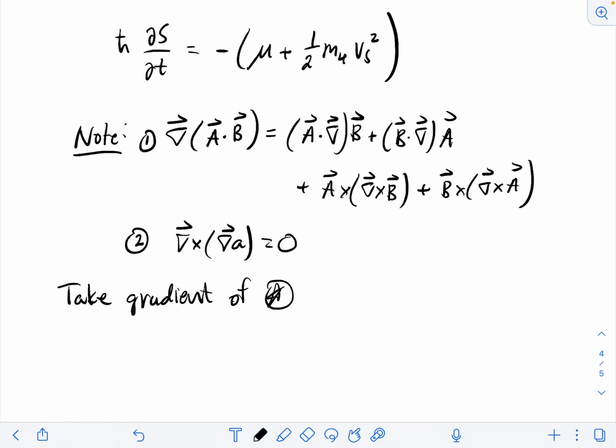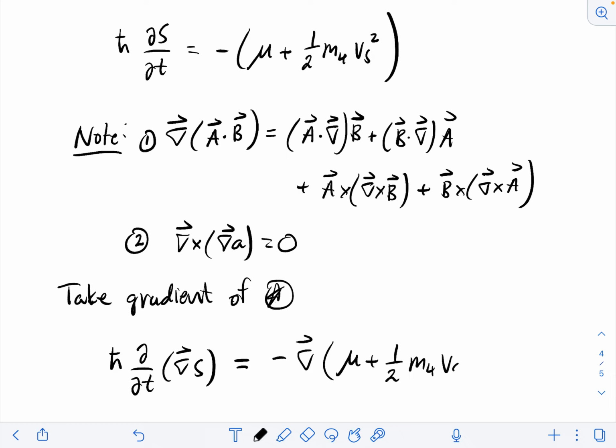So h bar, and the order of derivative doesn't matter, so let's do d by dt of the gradient of s. We can see already that that's going to be useful because we know that the gradient of s is related to the superfluid velocity. And then on the right-hand side, we would have minus the gradient of mu plus 1/2 m4 vs dot vs.